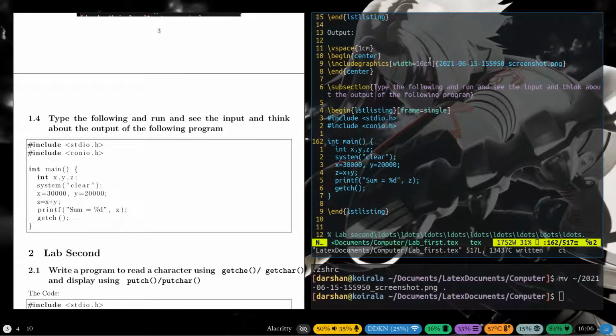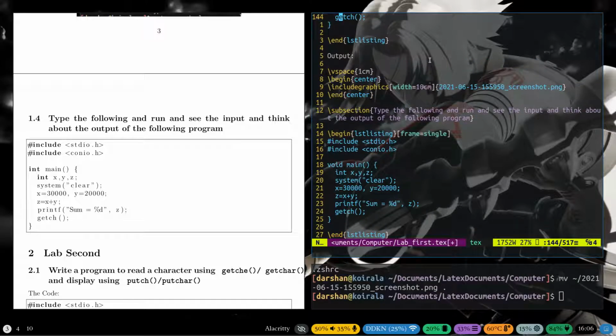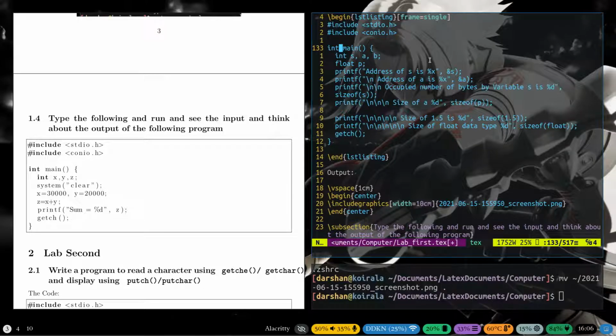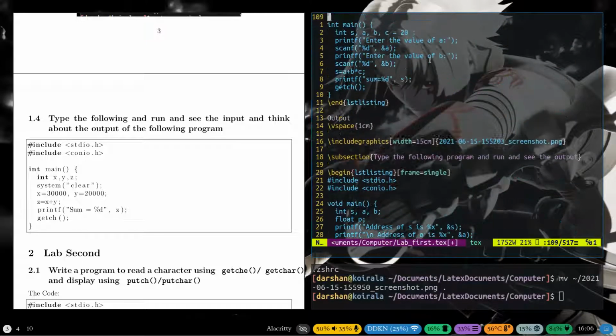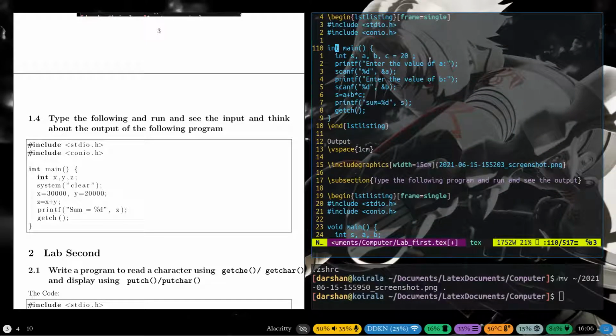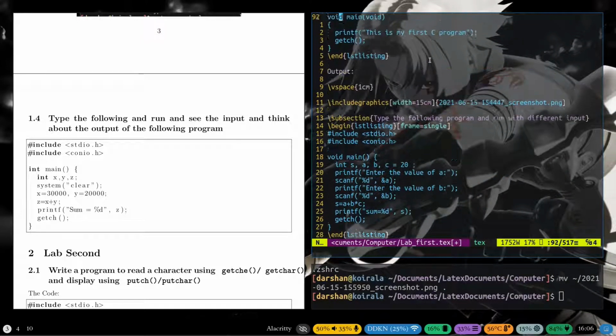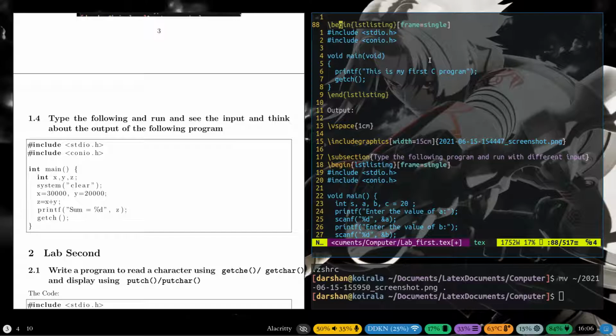Maybe I'll write void main everywhere. Even here I think there is int main. Void. Until I'm not asked to do, I have to type everything that the thing there is, right? Okay, yeah.